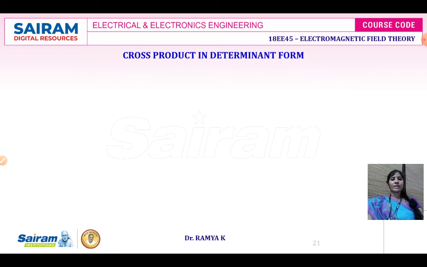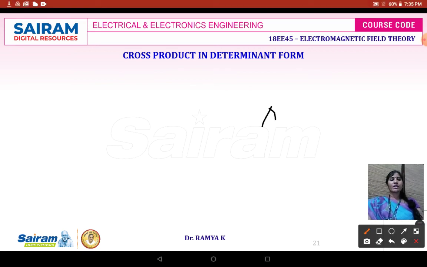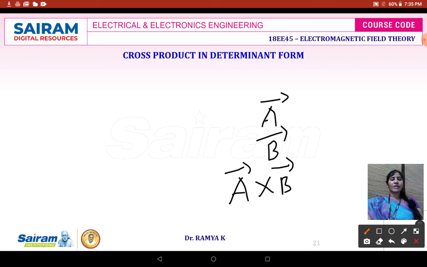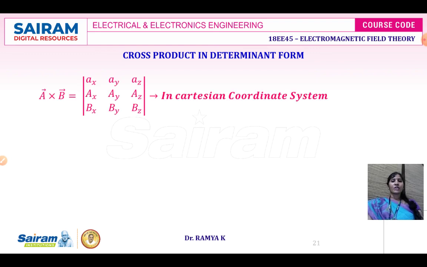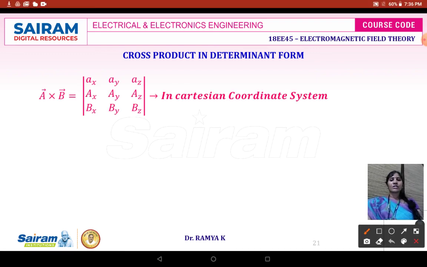Cross product in determinant form. When you have two vectors, a vector and b vector, the cross product is represented as a cross b. The cross product in determinant form should be represented in the Cartesian coordinate system, cylindrical coordinate system and spherical coordinate system. When you consider the Cartesian coordinate system, the cross product between two vectors a and b uses ax, ay, az.